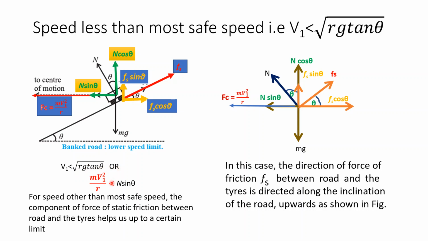Here we have considered that the speed is less than the most safe speed. So the centripetal force must be less than the horizontal component of the normal reaction, N sin theta. For speeds other than the most safe speed, the components of the force of static friction, Fs sin theta and Fs cos theta, which exist between the tire and the road, help us up to a certain limit.